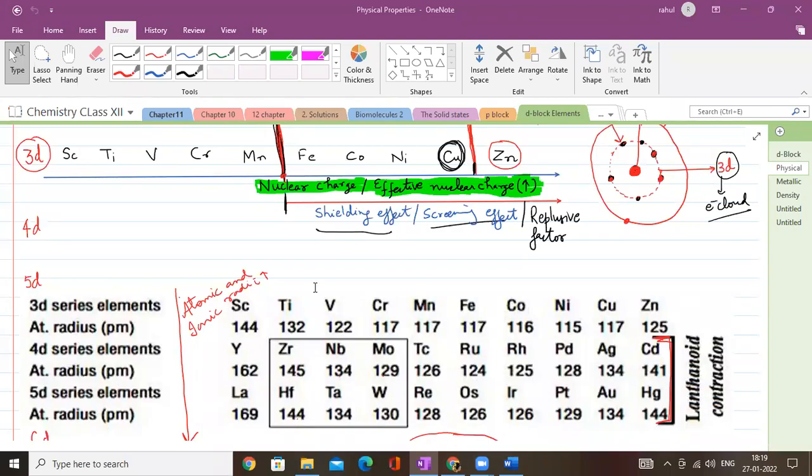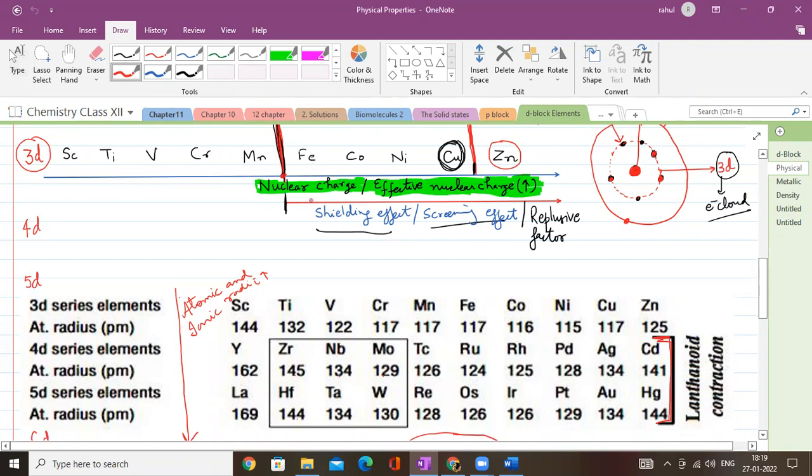Beta, in my last class, I told you that whenever we are moving in the 3D series from scandium to zinc, the atomic and ionic radii first decrease because of the increase in nuclear charge or effective nuclear charge.